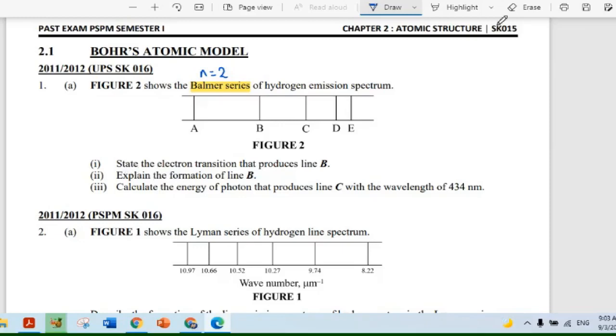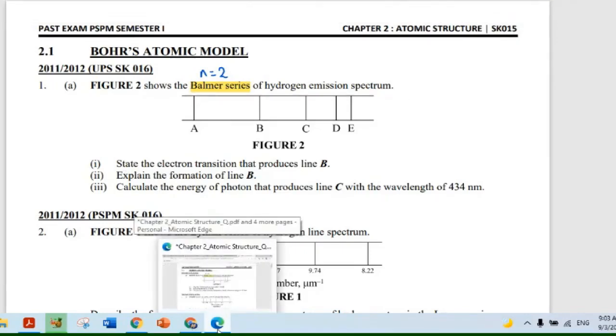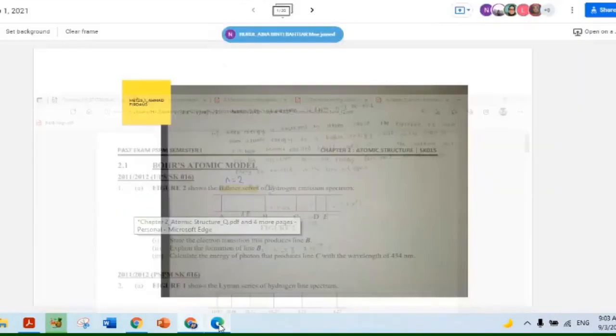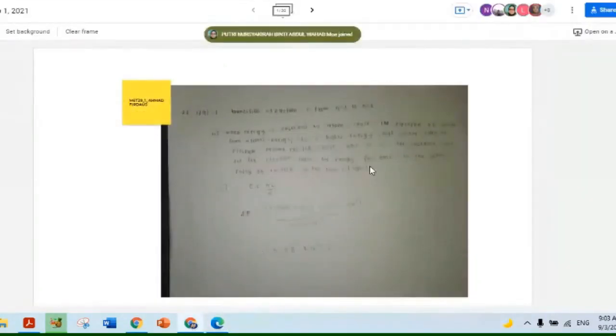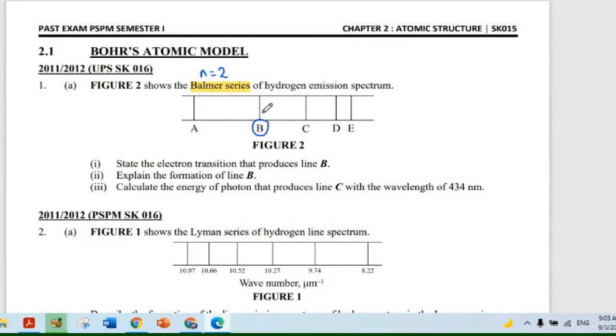So my answer for 1A1 is the electron transition that produces line B is transition of electron from n equals to 3 to n equals to 2. Okay, let's check, is it correct? Line B, right? Question asked about line B. This one, right? Okay, so I would like to ask you, A, B, C, D, E, which one is the first line of the series?